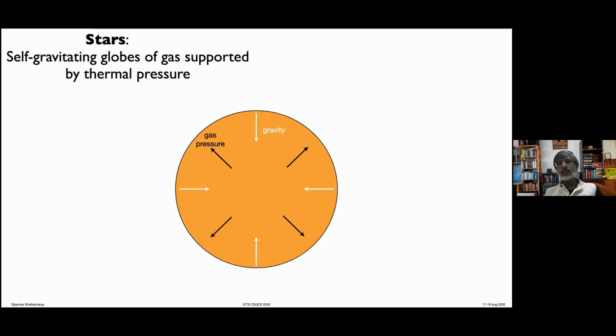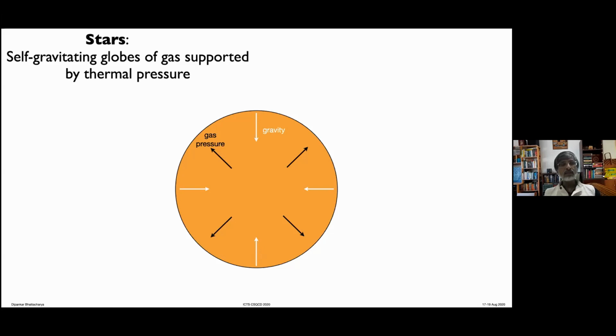It is true for any self-gravitating object, including the Earth, where the gravity of the material of the Earth is balanced by the solid-state forces, particularly originating from Coulomb repulsion. In the case of the garden variety stars that we see, this support against gravity comes primarily from the thermal pressure of gas.